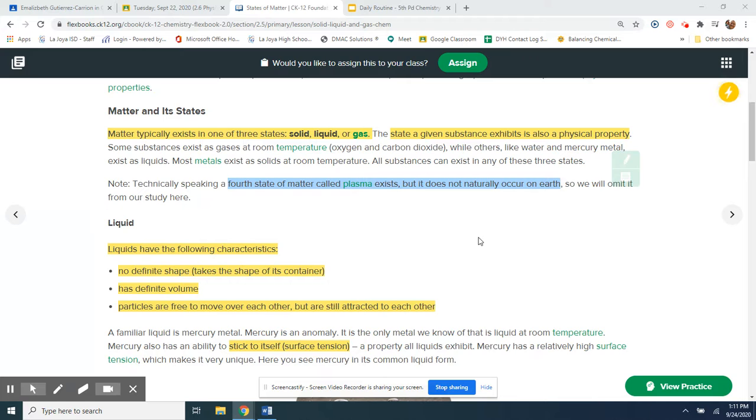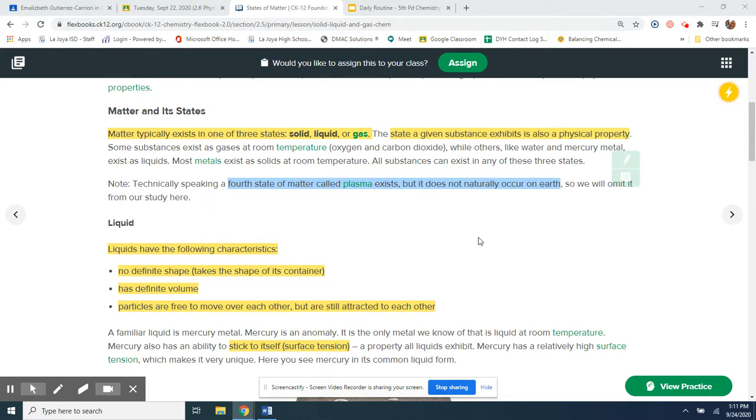Now, let's talk about substances at room temperature. Room temperature means exactly the temperature that you're sitting in right now. Some compounds and elements are oxygen and carbon dioxide. Oxygen and carbon dioxide will exist as gas in your room. Examples of a liquid would be water and mercury metal.